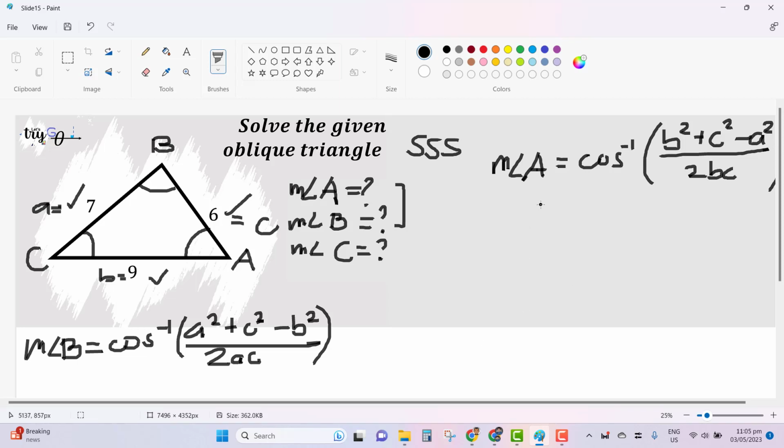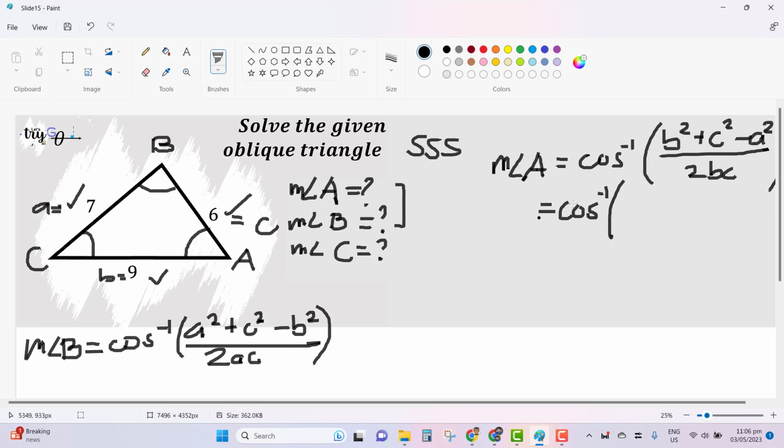Now let's solve for the measurement of angle A by substituting first the values there. You don't need to worry if you label this as B and that's A, that's C. Regardless, you will have the same result, because the labels for angles will also be assigned to different vertices.